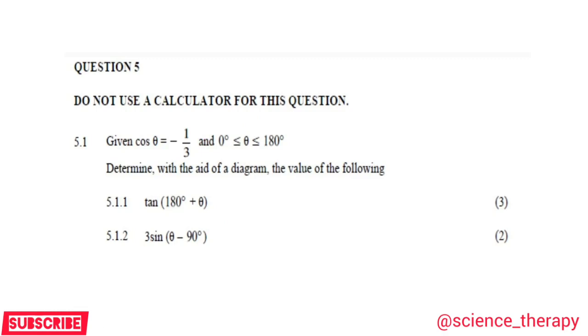If we remember and apply our SOHCAHTOA, cos is adjacent over hypotenuse, which can be written as x over r, right? So that means here the negative 1 represents your x and the 3 represents your r.